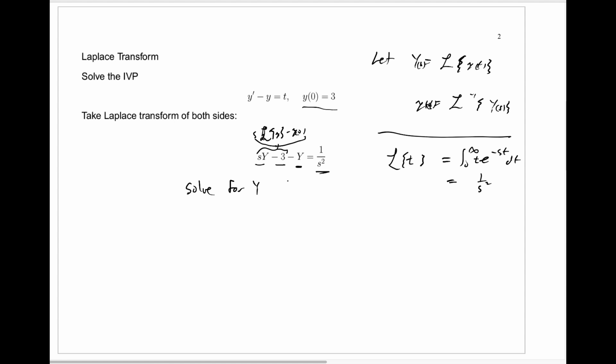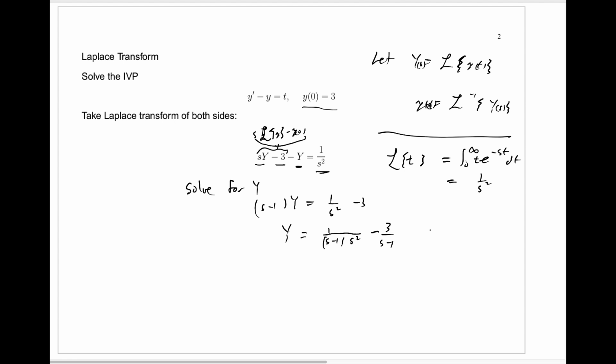for Y. We can write this as s minus 1 times capital Y is equal to, I'll put the 3 on the other side, 1 over s squared minus 3. In other words, capital Y is equal to 1 over s minus 1 times s squared, and then we have minus 3 over s minus 1.